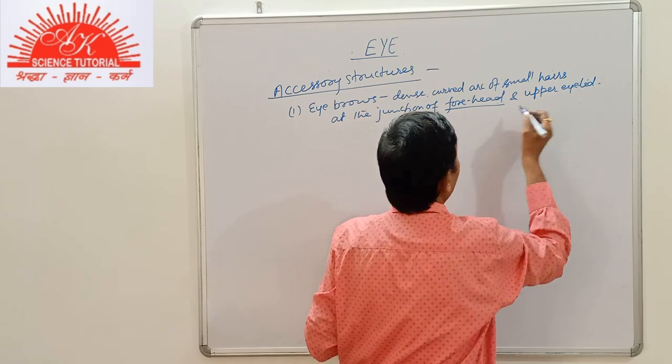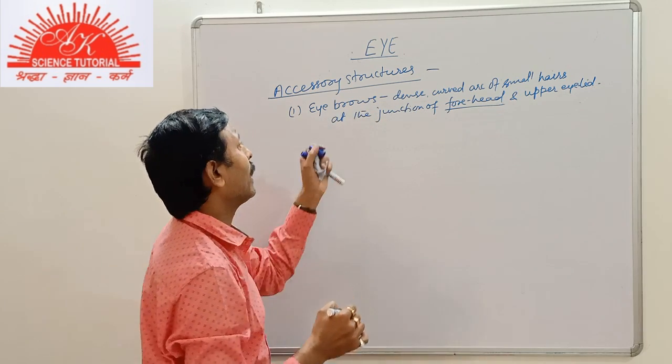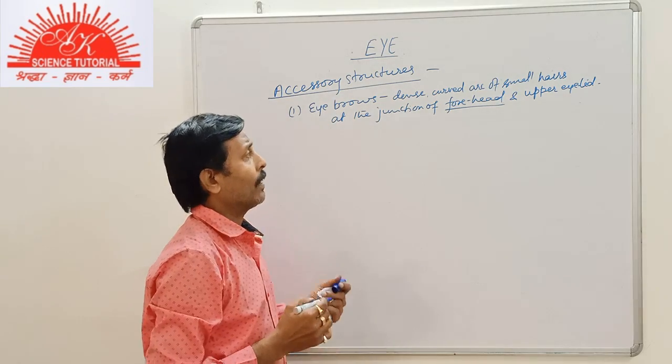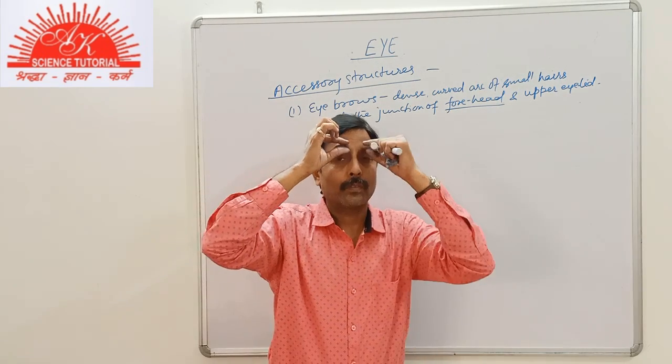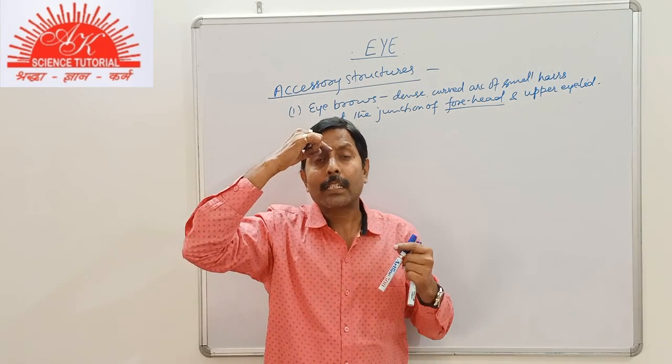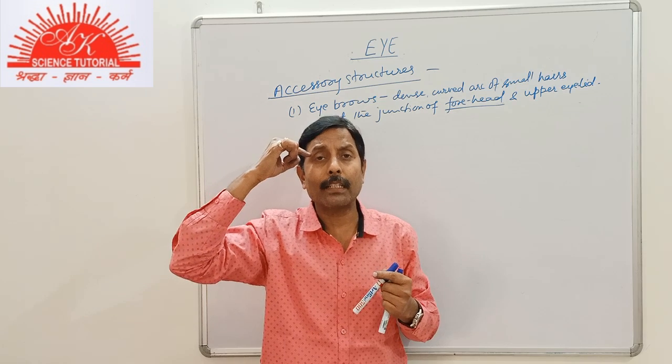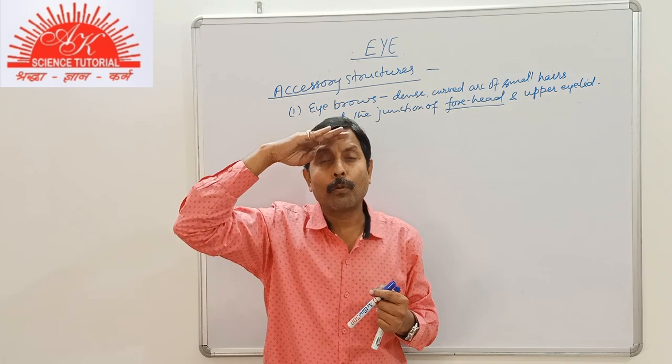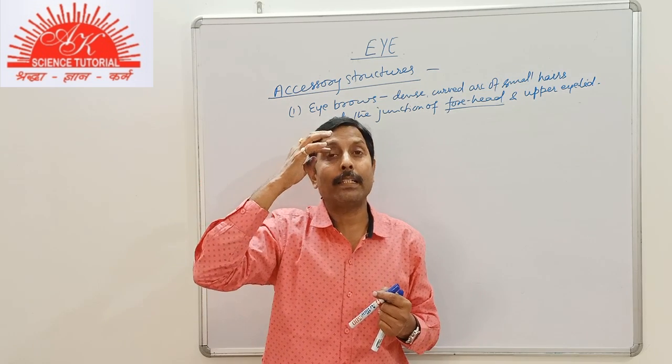So students, you can write this as the location of the eyebrow. This is the eyebrow, the transverse arc of hairs at the junction of forehead and upper eyelid here.